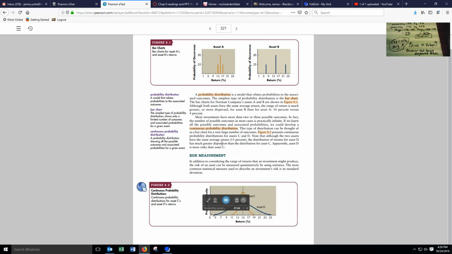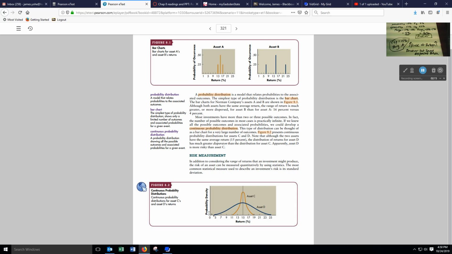Okay. Now here we're going to engage in risk measurement, and we might assume that we have a continuous probability distribution. So here, asset C, you can see this is the probability of different returns. 11 at the lowest, 19 at the highest for the most part.